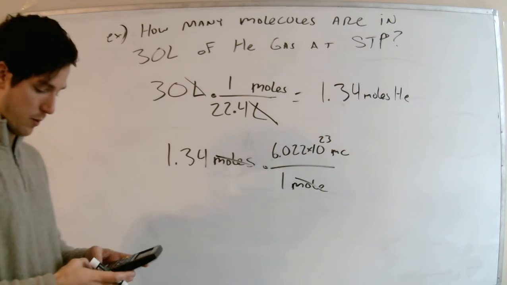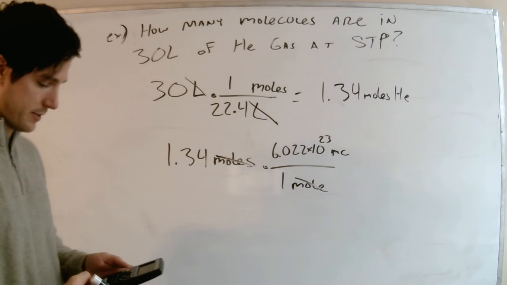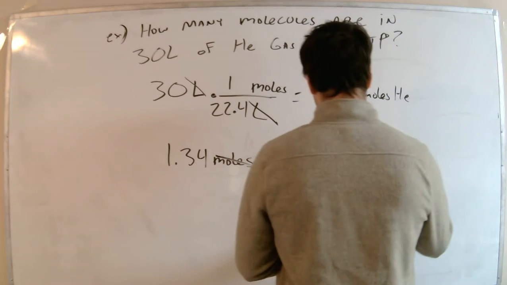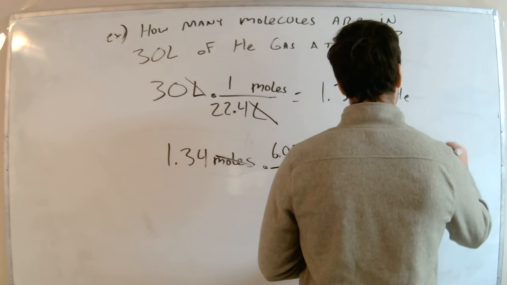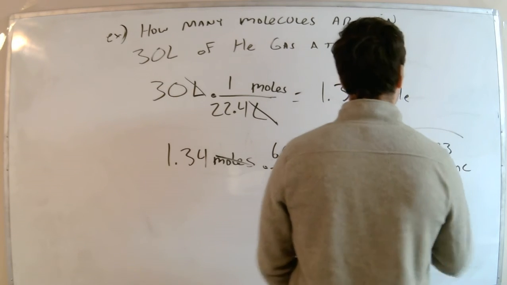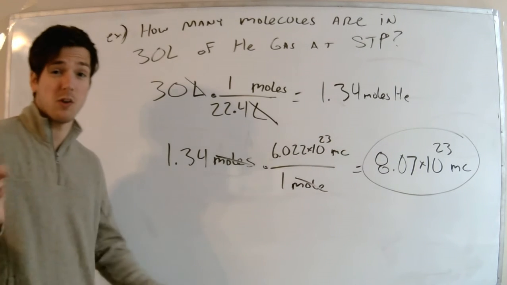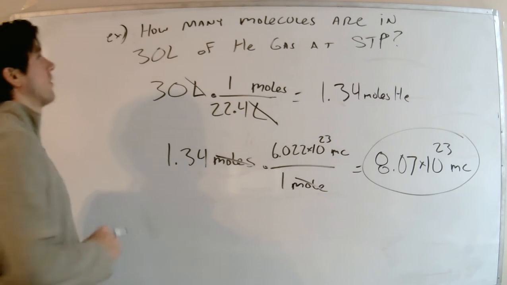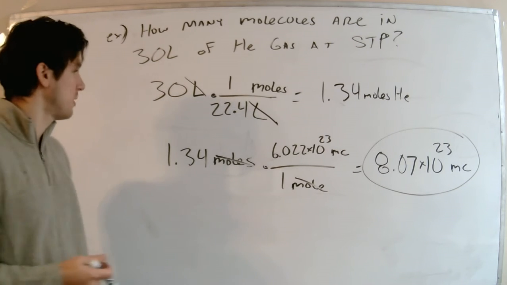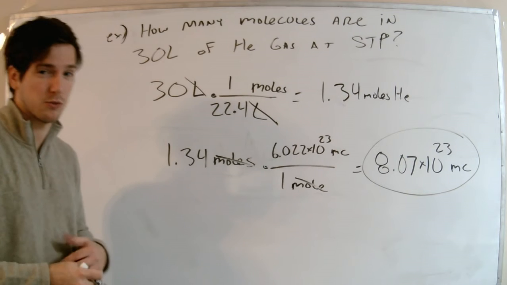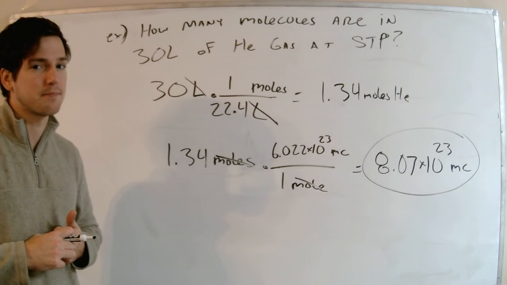I'm going to times 1.34 times 6.022 E to the 23rd, and I get 8.07 times 10 to the 23rd molecules of helium. So now if we know the volume of a room or a whole house or a stadium, we can figure out how many molecules of gas there are in it. And we'll do something like that later on.